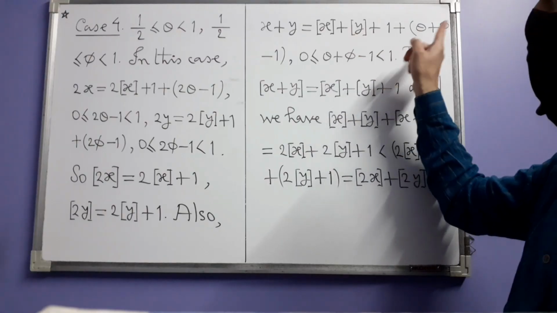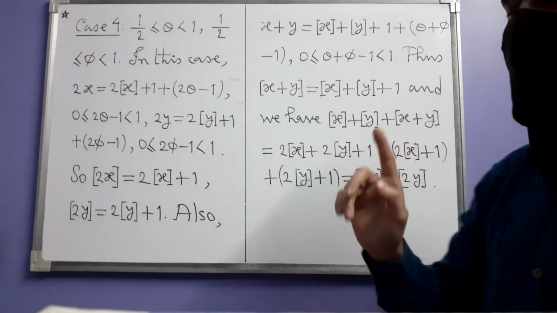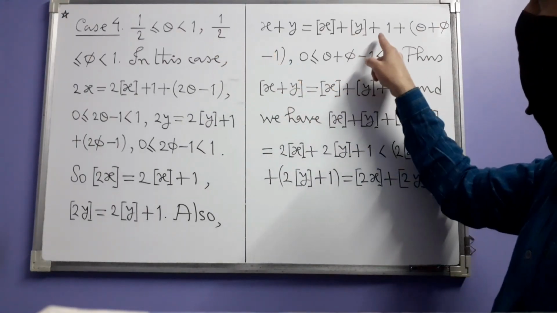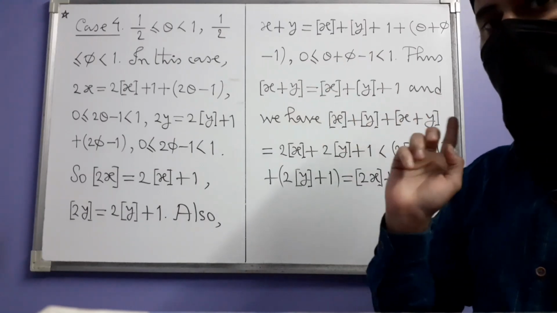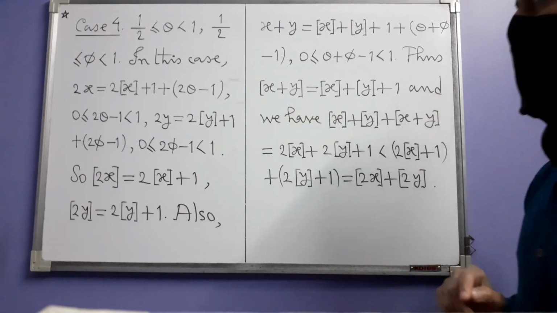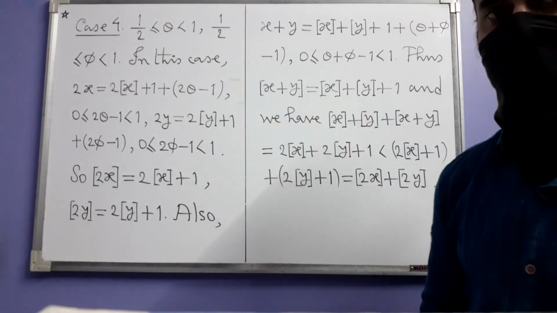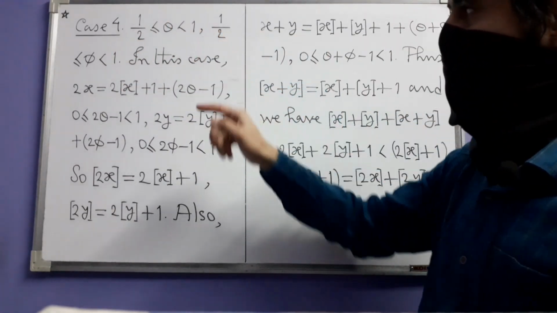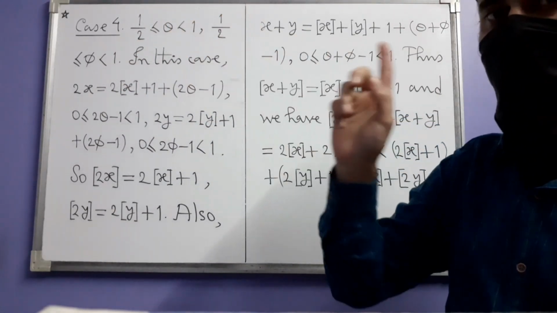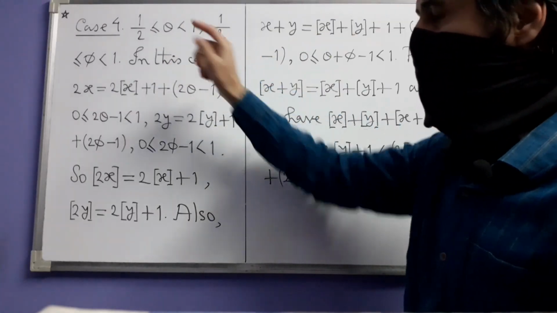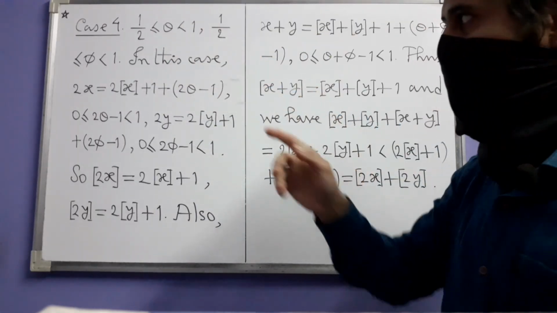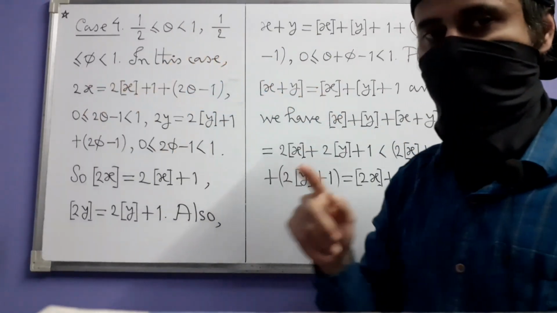Alright, and then we again consider, just like the other cases, x plus y, which is box x plus box y plus theta plus phi, but this time because of the situation we add and subtract 1 here also. Now you just simply add these inequalities. What will you get? 1 over 2 plus 1 over 2 is 1. 1 will be less than or equal to theta plus phi, which will be less than 1 plus 1, that is 2.